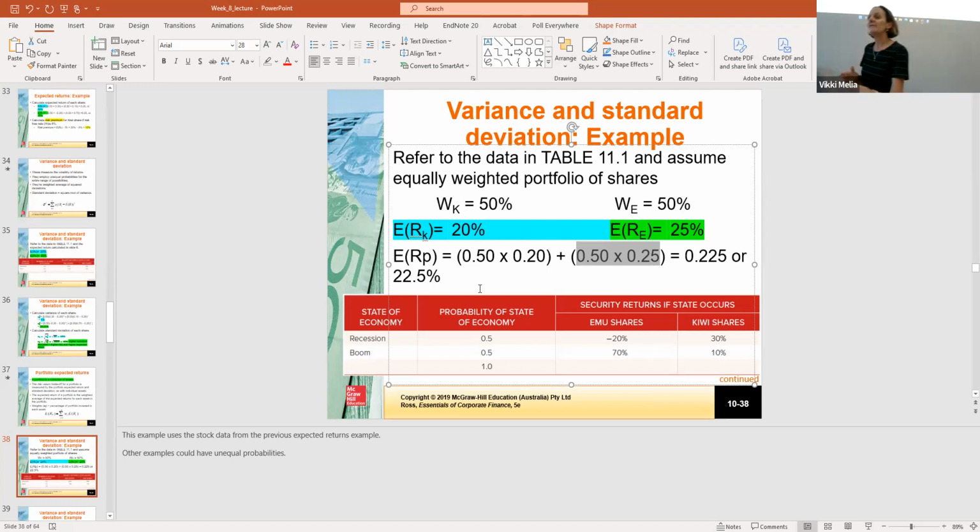In chapter 11, we then started to look at expected returns in the future. We looked at calculating the expected return from an asset in the future and measuring the variance and standard deviation using the expected returns in the future.